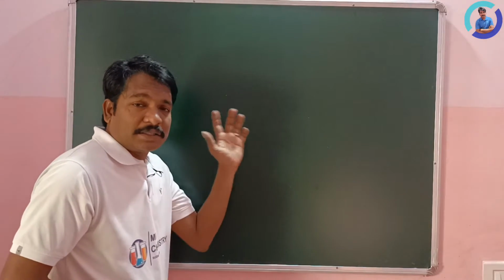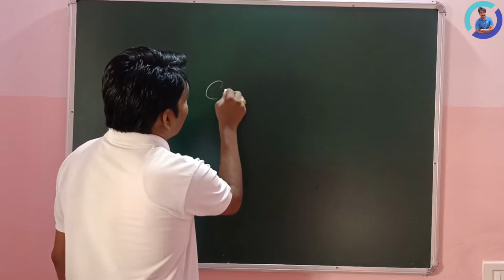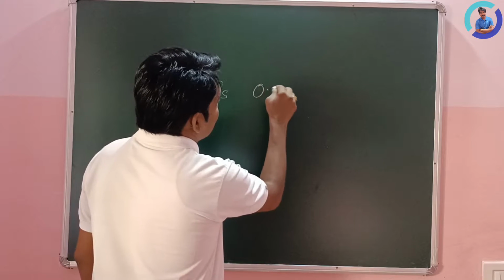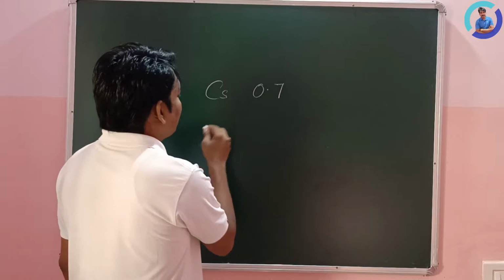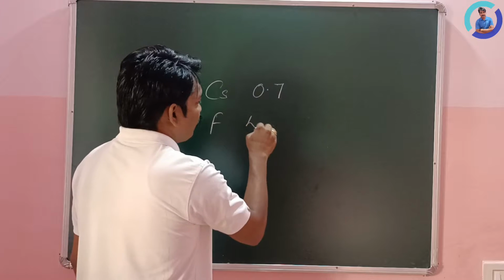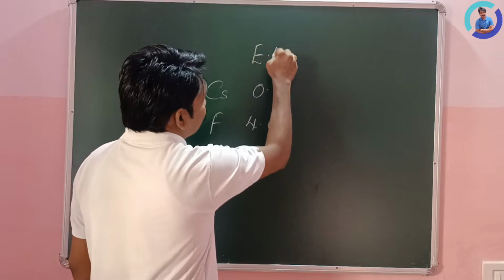If you consider all the four examples here, cesium and fluorine. The electronegativity value of cesium is 0.7, whereas fluorine is 4.0.